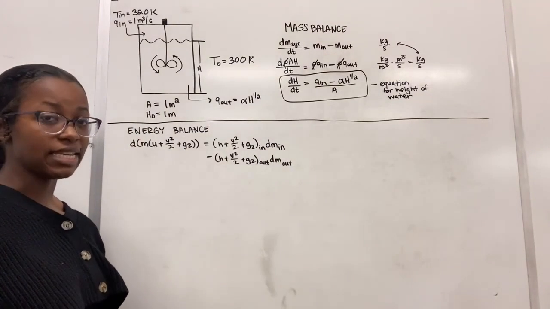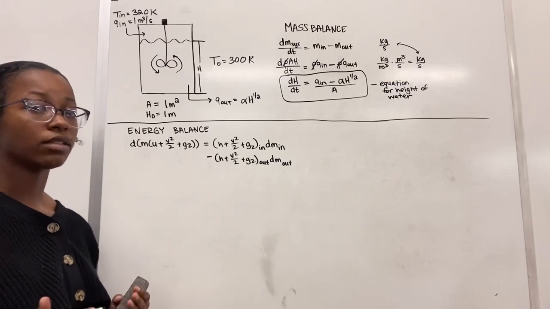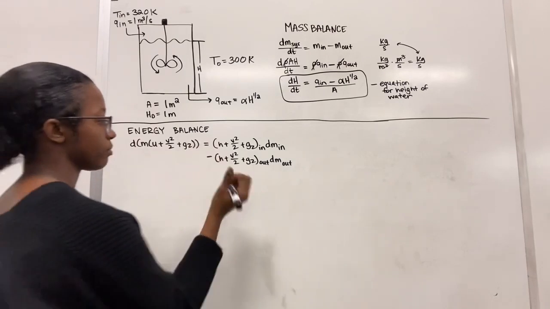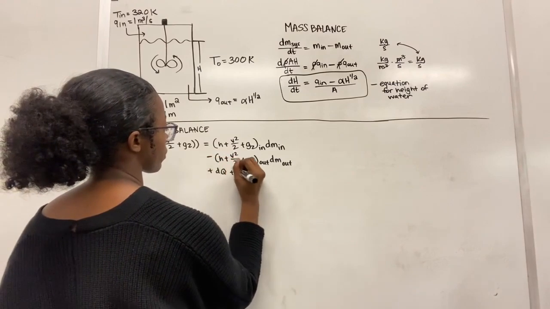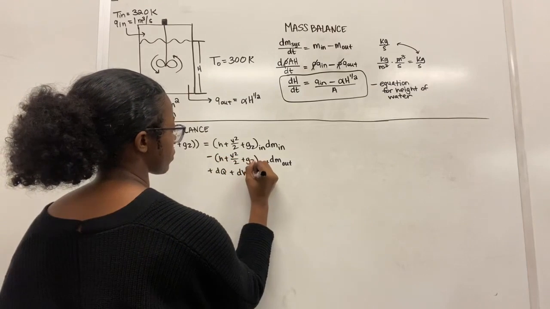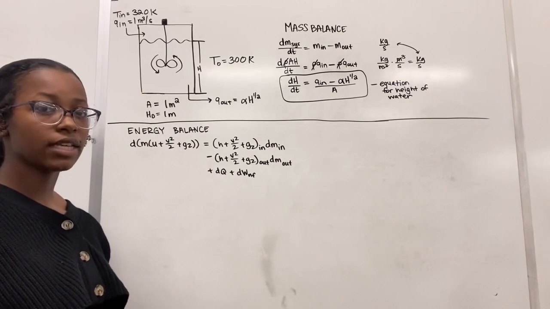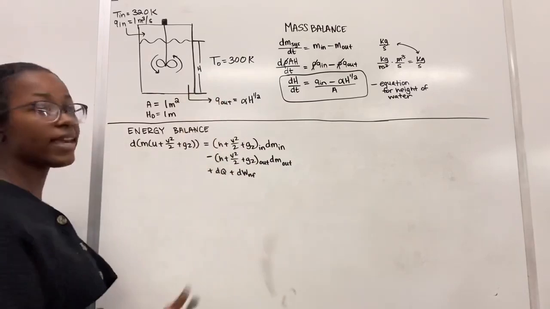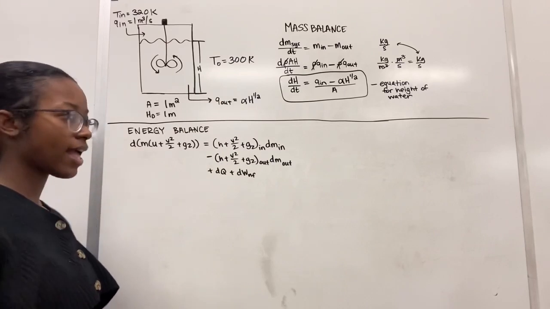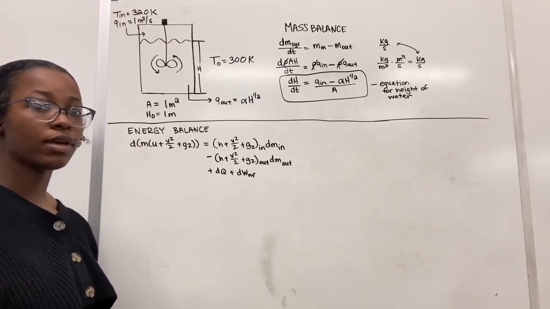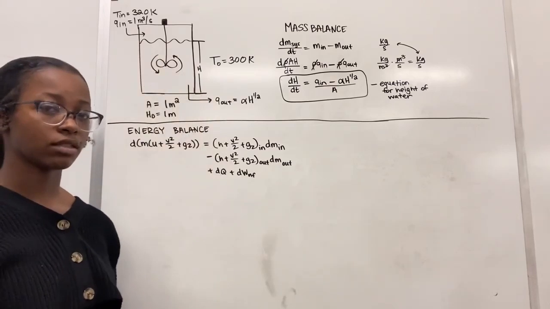Plus the change in heat, plus the change in work, or excuse me, the change in non-flow work from the mixer. And for clarity, I've listed the heat as capital H because enthalpy is lowercase h, and I listed the heat as capital Q because we have flow rates as lowercase q, so we don't want to mix those up.